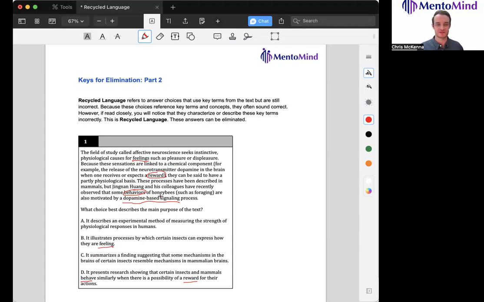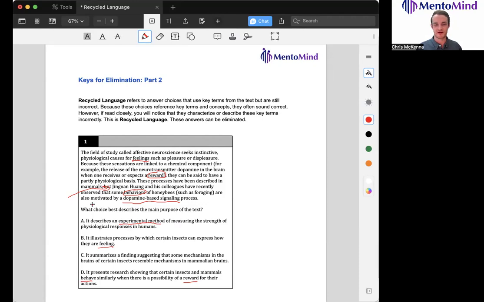And choice A is wrong, and perhaps more obviously wrong. And the reason for this is that there's no direct mention of an experimental method. There's a mention of a study and an observation made by Jinan Huang and his colleagues. However, there's no experimental method discussed here.